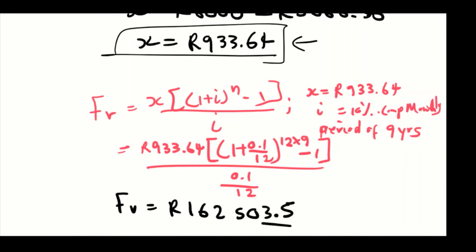So this is the future value, the amount that Mandy will have remaining once she has repaid the loan. So this amount, she can use it to pay for the fees of the student, right? So we are done for this question. Off to the next one.